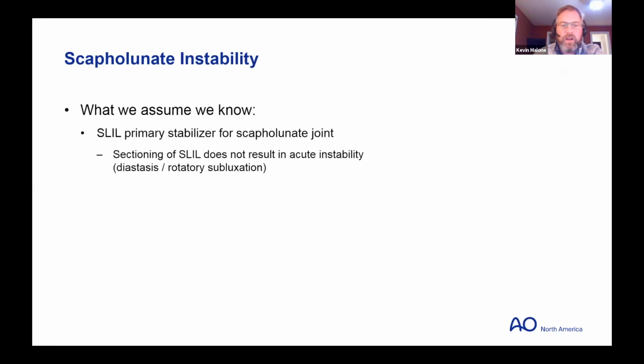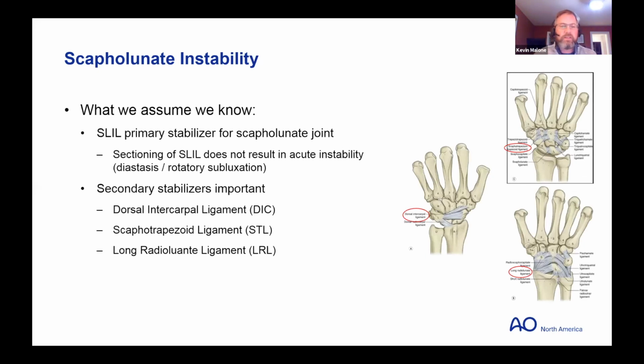So, what we assume we know about scapholunate instability is that the scapholunate interosseous ligament is the primary stabilizer for the scapholunate joint, but we also know that sectioning of this ligament in isolation does not result in acute instability. You're not going to see the diastasis or the rotatory subluxation acutely, as was diagrammed on that case that Dr. Reed just showed. And there are important secondary stabilizers of the scapholunate articulation, including the dorsal intercarpal ligament, the scaphotrapezoid ligament, and the long radiolunate ligament.